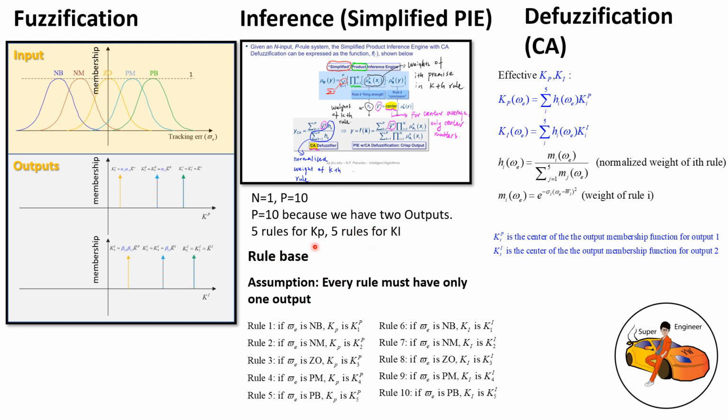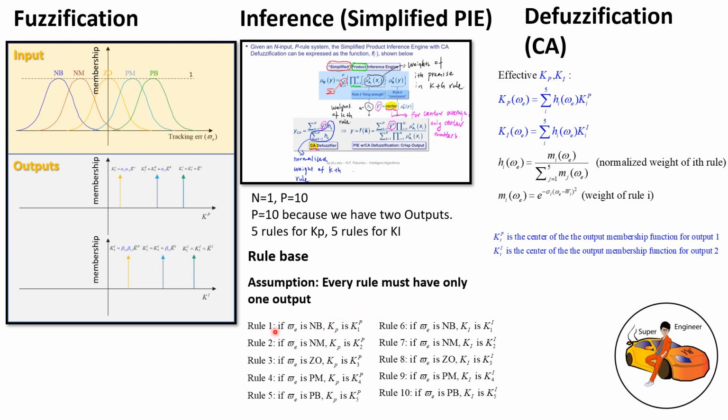And then the rule base, just based on my implementation, I have to convert the single input two output system into a single input, single output version. This is just how I implemented it.